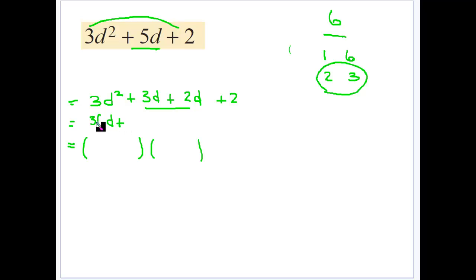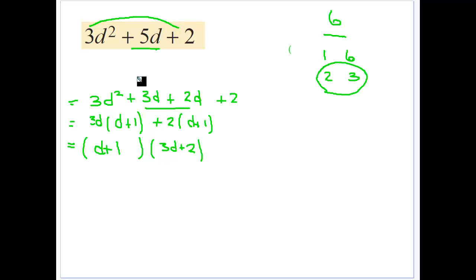I can take 3d outside, including our d, because it's a common factor. So it'd be 3d times d plus 1, and we'll have a 2 factorized outside of a d plus 1 as well. Then we've got a common factor of d plus 1, and we'll have a 3d plus 2, and there's our factorization.